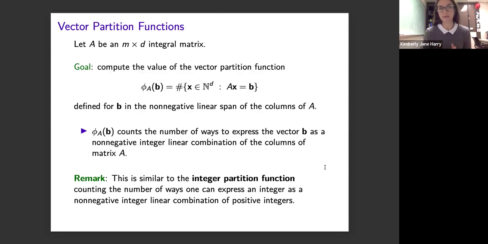Integer partition functions count the number of ways one can express integers as non-negative integer linear combinations of positive integers, and the same goes for vector partition functions. It's like a counting game happening here.